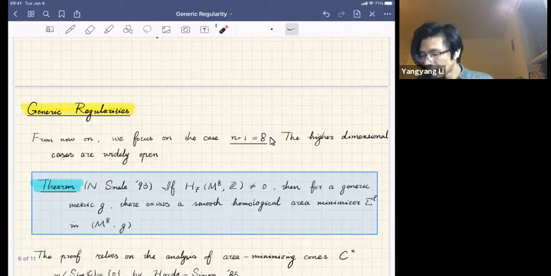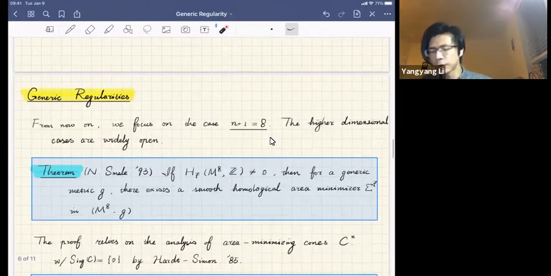So in 1993, Nathan Smale showed that if the 7-dimensional homology class of the ambient manifold is non-trivial, then for a generic metric g, there exists a smooth homological area minimizer sigma 7 inside the closed Riemannian manifold.